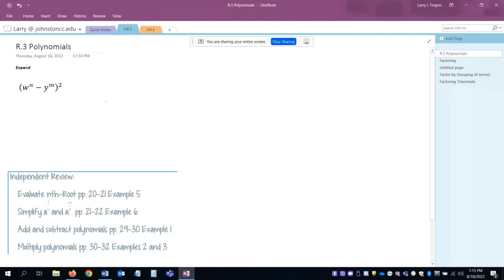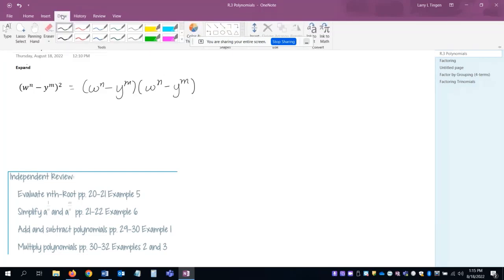And what is this? This is quantity, W to the N minus Y to the M, closed quantity squared. All right. So what does that mean? That means W to the N minus Y to the M times W to the N minus Y to the M. All right.